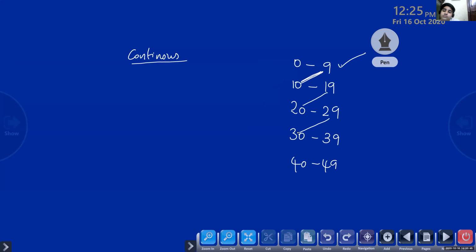So take the half of 1. 1 by 2 is 0.5. Clear, children? Find the difference, which is 1. Take the half of it, 0.5. And you have to subtract 0.5 from here and add 0.5 here.